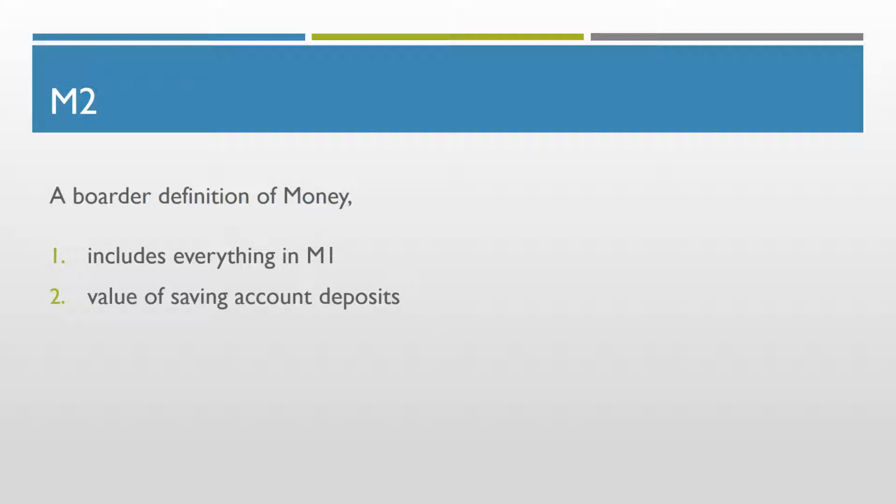Or number two, transfer those funds into your checking account so that you can use your debit card or your checks to pay for the goods and services that you want. So the money you put into your savings account is not money that can be used for exchange.